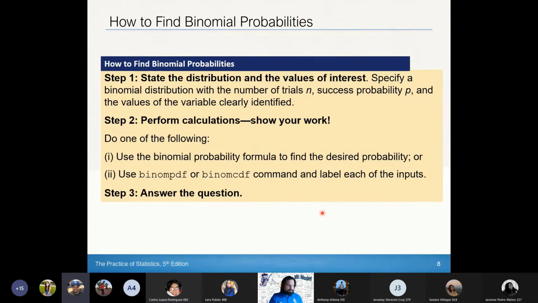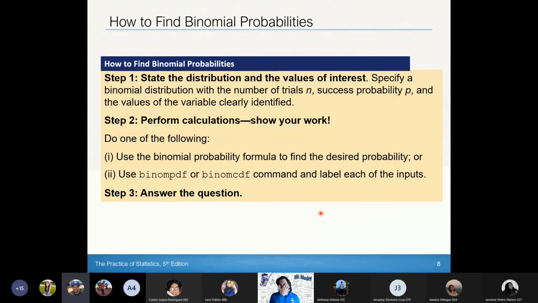On your calculator, you can have your calculator do a lot of this work for you. The binomPDF command will find the binomial probability of exactly k successes. BinomCDF will find the probability of less than or equal to k successes.